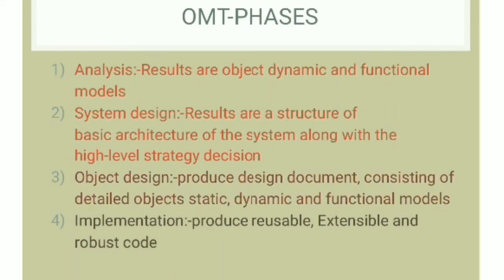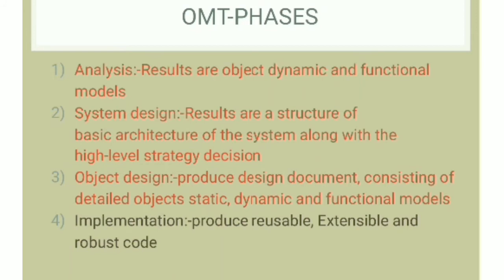Third is object design. The object design phase produces design documents, a detailed design document which consists of detailed objects. Static and dynamic functional models are derived by using the object design phase.